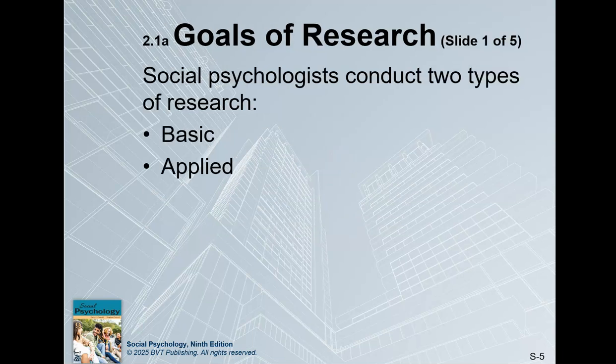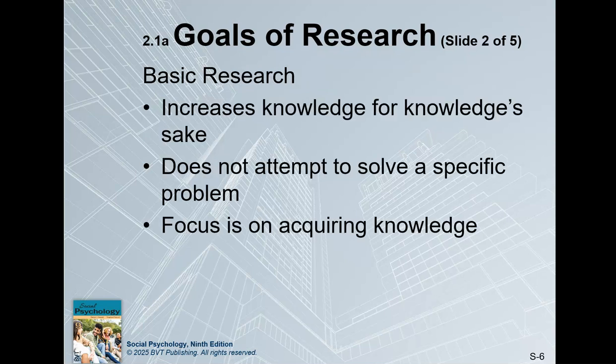So social psychologists conduct two basic types of research. They are called basic research, and the second is applied research. So basic research means basically we strive to increase knowledge for knowledge's sake. It does not attempt to solve a specific problem, so its focus is on acquiring knowledge.